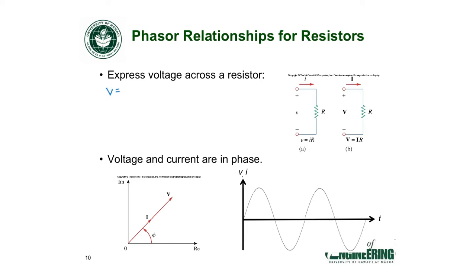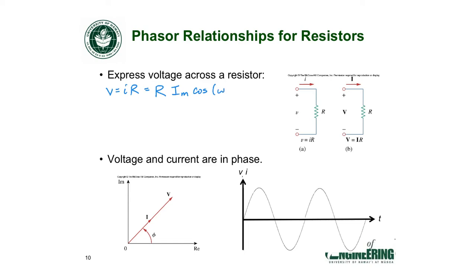Okay, so even if our voltage and current are AC, Ohm's law still applies. So V equals IR is still going to hold true for the resistor. The resistor value is something that is just going to be a constant, doesn't depend on frequency. But let's say I have a time varying current. It's a sinusoidal current.